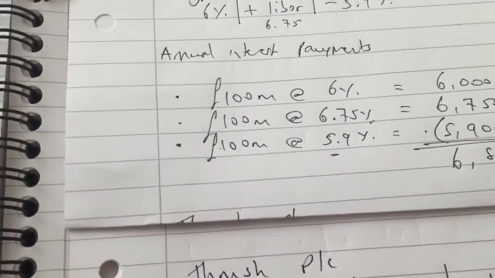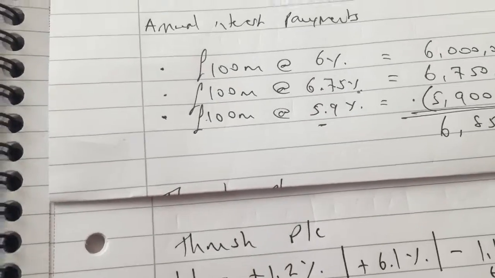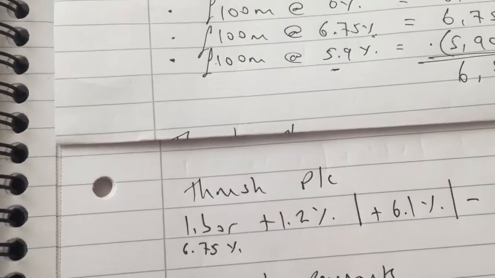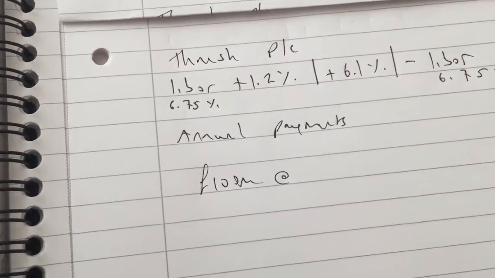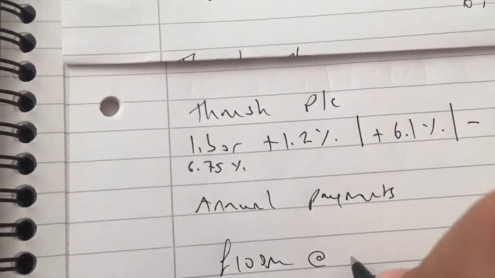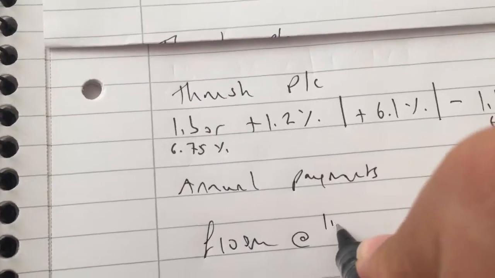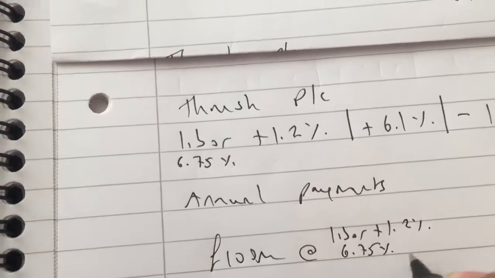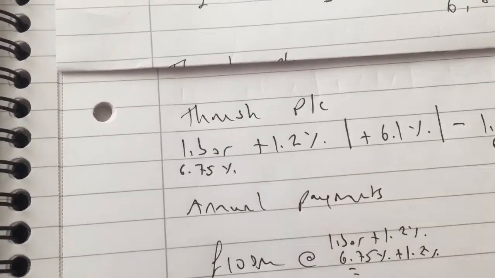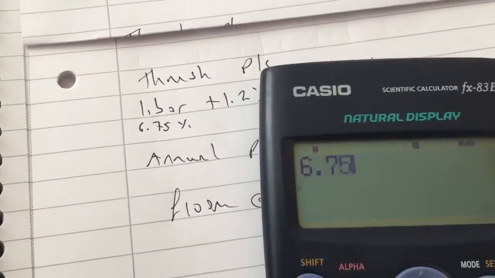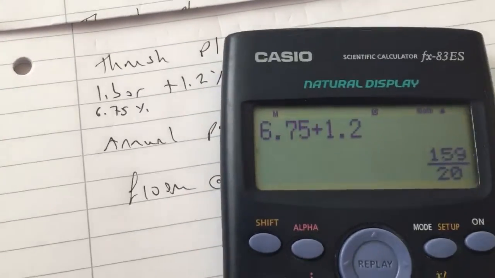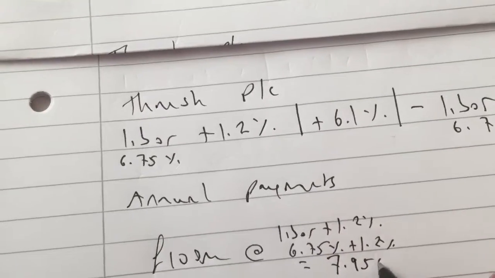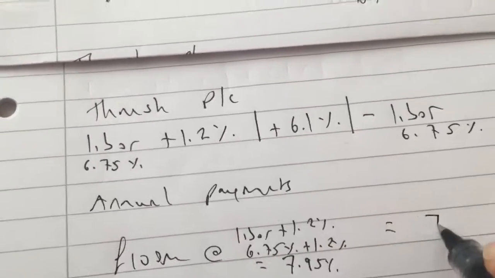So for Thrush PLC, their annual payments are 100 million at LIBOR plus 1.2%, so 6.75% plus 1.2%, which equals 7.95%.